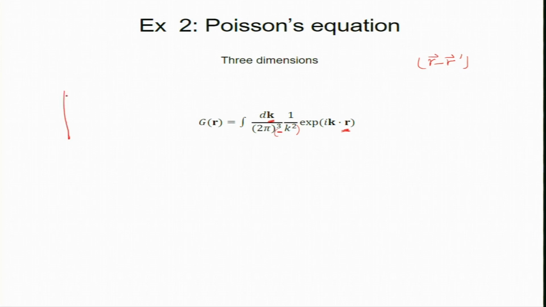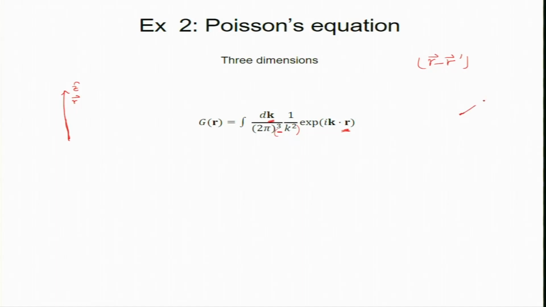So choose r along the z axis. This is my vector r. That is number 1, my choice. If my source is sitting here, and I am measuring my potential in some direction, I choose that to be my z axis.